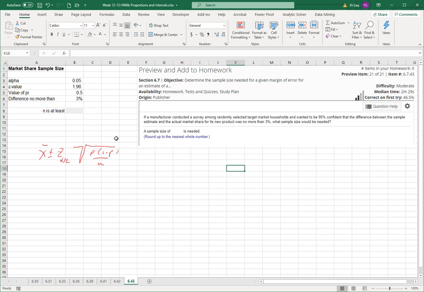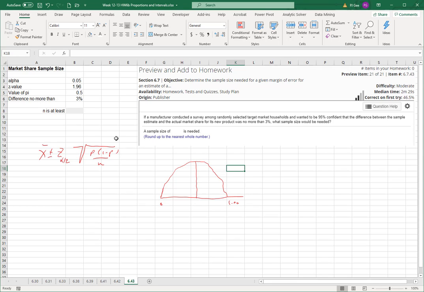Okay, so we are given this. Now, earlier in one of the problems, I showed that if you run out p times 1 minus p, it comes out as a function that looks like this between 0 and 100% probability. It's not a half circle, but it kind of looks like this.